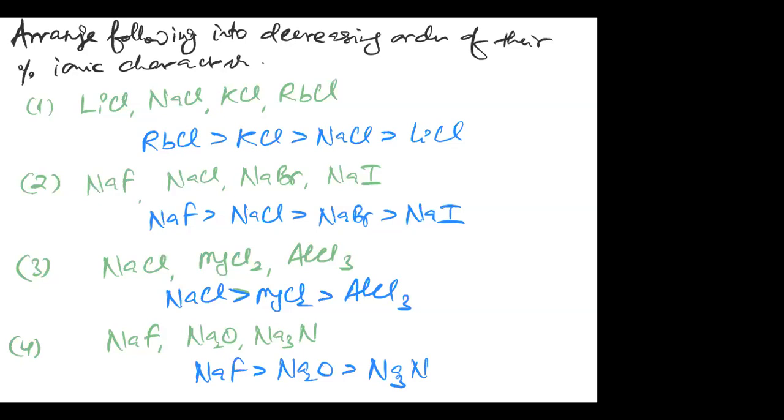Since the cation is the same, the polarization power of the cation will be the same. Only the difference is the polarizability of the anion. Here N3- has maximum negative charge, and the nitride ion also has maximum size. On the opposite side, fluoride ion has the least size and least charge, so it has the least polarizability.